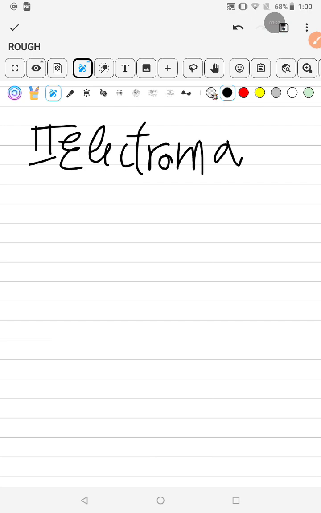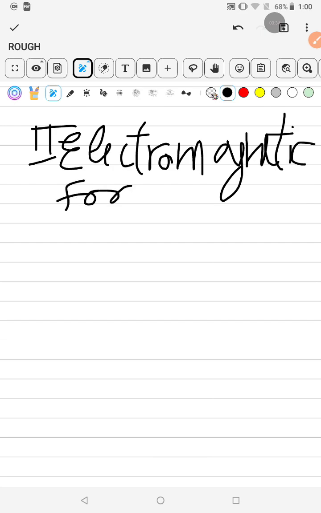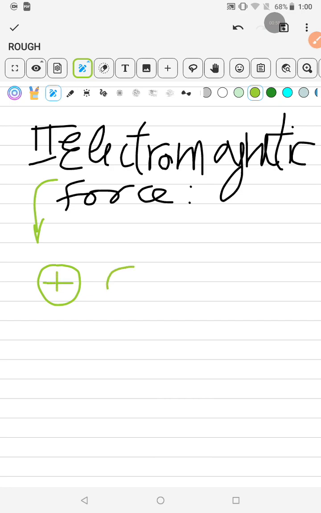Electromagnetic force. So basically, what is an electromagnetic force? Electromagnetic force is a force that is developed or generated between two moving charges due to electric field and magnetic field. Fine. This is a type of force which is generated between two charged particles.